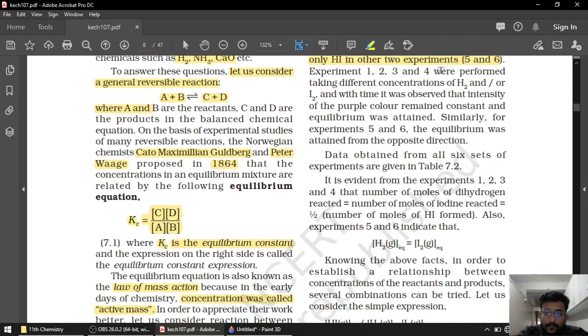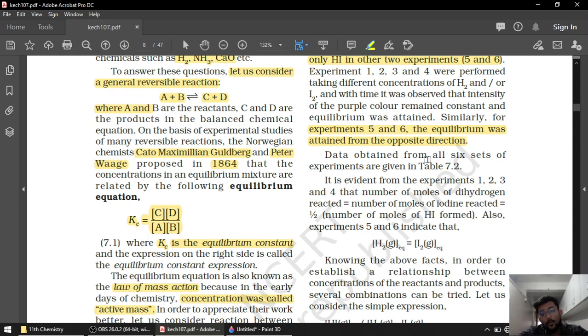Experiments 1, 2, 3, 4 were performed taking different concentrations of H2 and I2, and with time it was observed that the intensity of the purple color remains constant. What gives the purple color? I2 has the purple color. When the intensity becomes constant, equilibrium is attained. Similarly, in experiments 5 and 6, equilibrium was attained in the opposite direction.